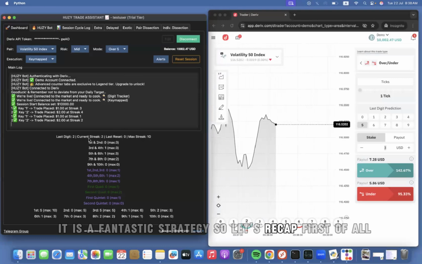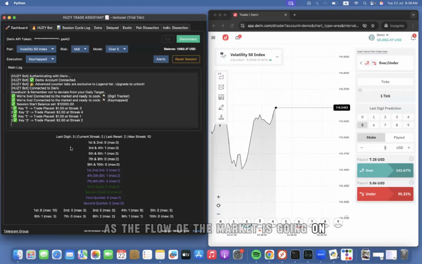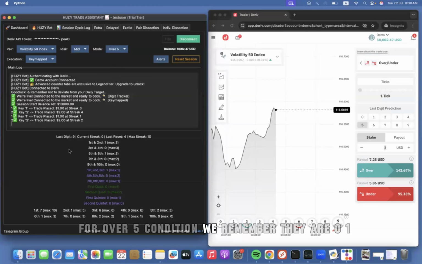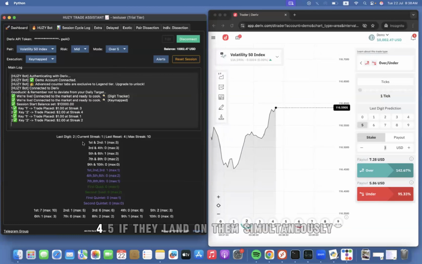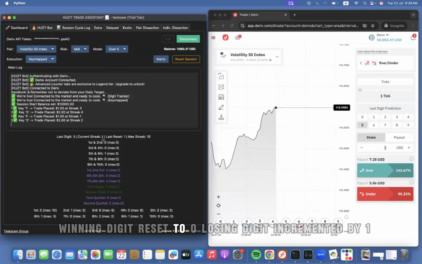So let's recap. First of all, last digits are going to be shown over here as the flow of the market is going on. And when they land on non-winning digits for the over five condition, remember they are 0, 1, 2, 3, 4, 5. If they land on them simultaneously, like this is one, incremented by one, winning digit, reset to zero.